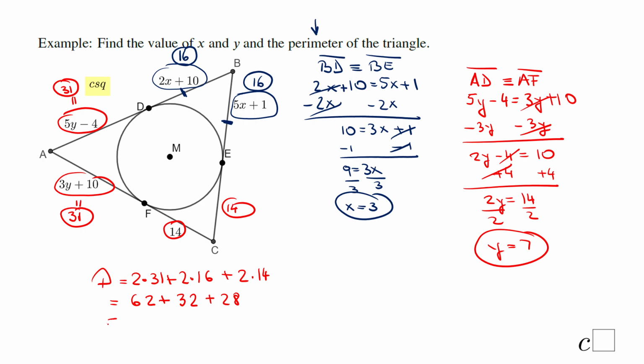So we have to add these three numbers, 62 plus 32 plus 28, and that will be 122. The perimeter of this triangle is 122 units.